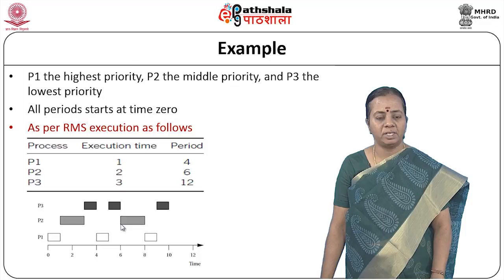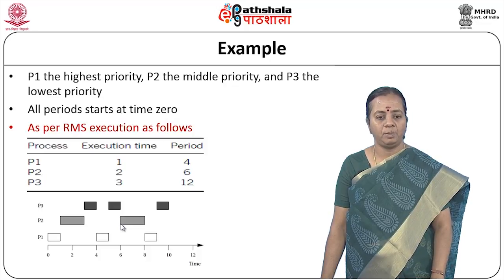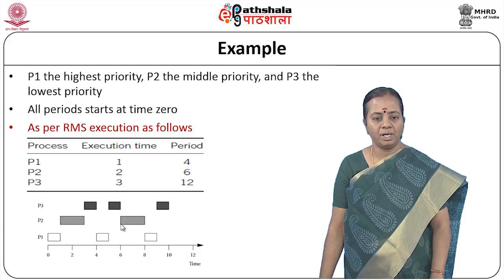When P3 started executing, it needed 3 periods of execution time, but it had done only 1 period by the time P1 got its next period, so P1 preempts P3 and starts working. Once this is over, the next period of P2 starts only after 6, while P1 is over by 5. So from 5 to 6, 1 clock cycle, P3 is allowed to execute.